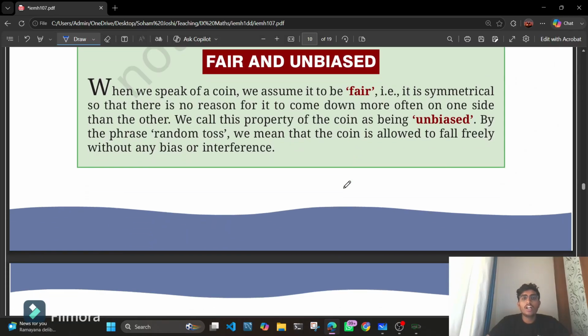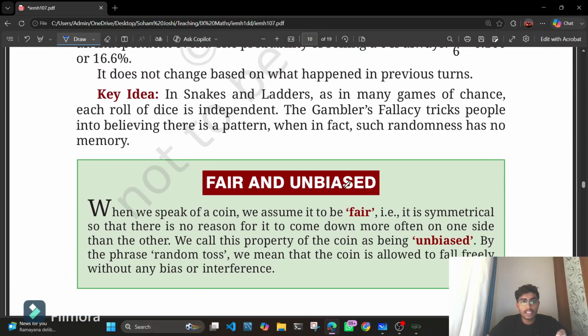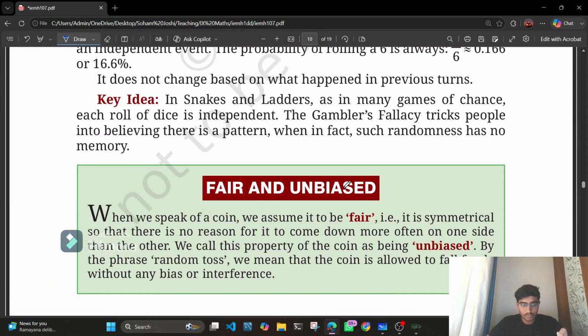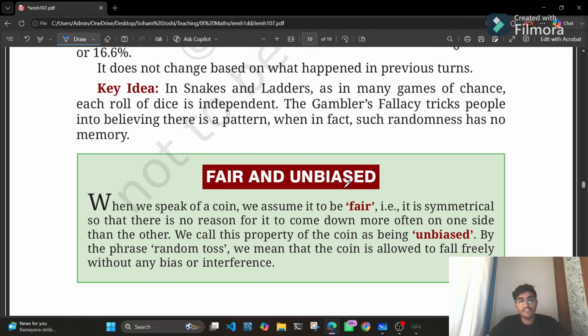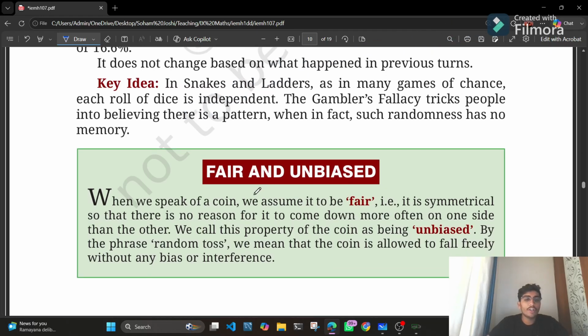Also, we need to focus on the concept of fair and unbiased. When we speak of a coin, we assume it to be fair. That is, it is symmetrical, so there is no reason for it to come down more often on one side than the other, right? We call this property of the coin being unbiased, by the phrase random toss.